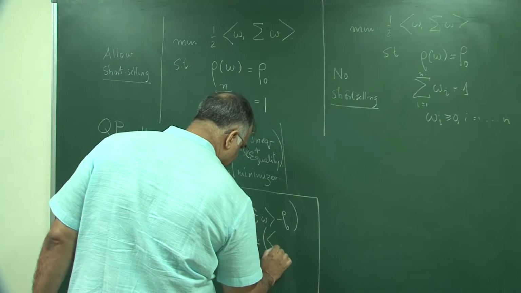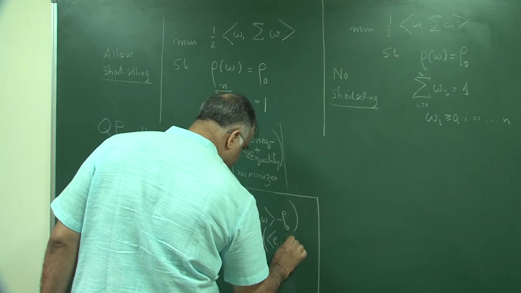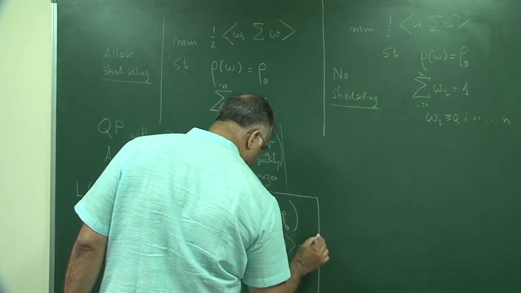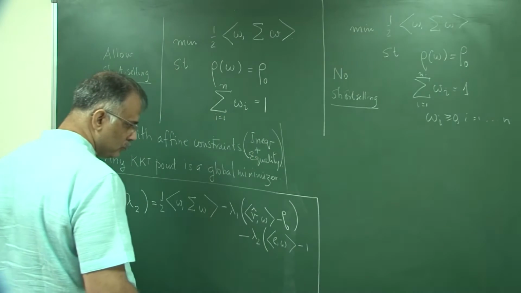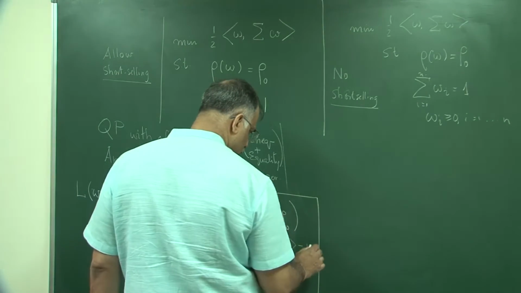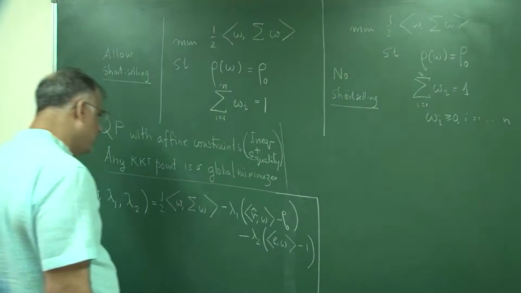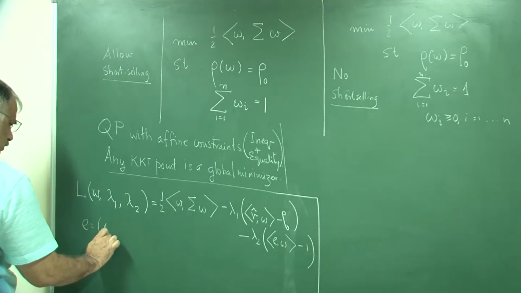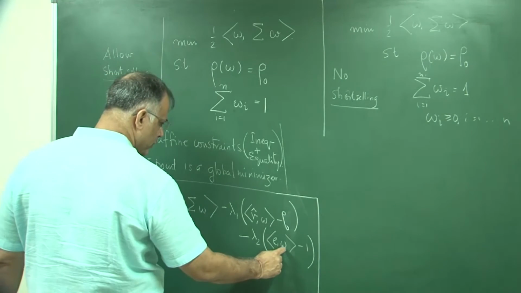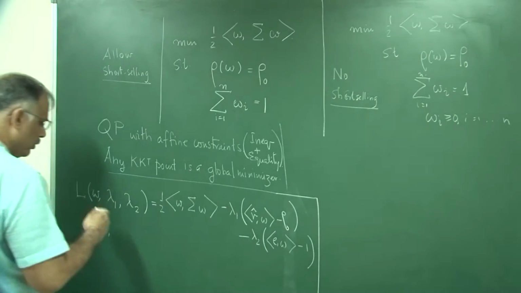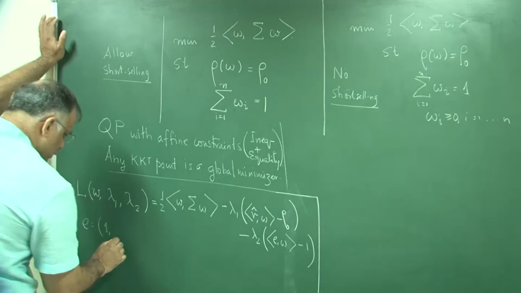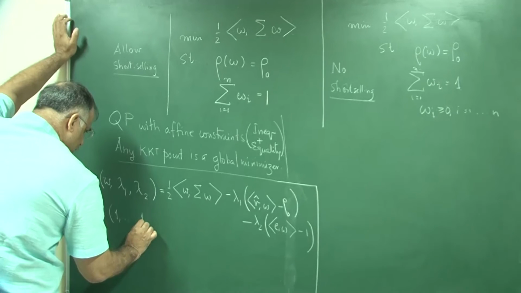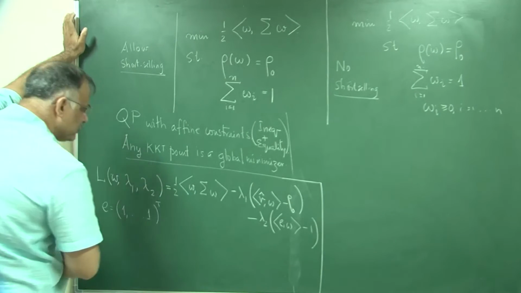This can be written as E W minus 1. So what is E here? E here is the vector. So basically I am taking the inner product with the vector W. W is here W1, W2, Wn. So that I am not writing. I am sure that everybody understands this basic fact.